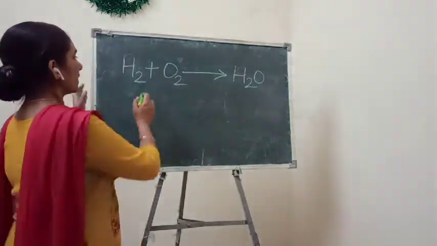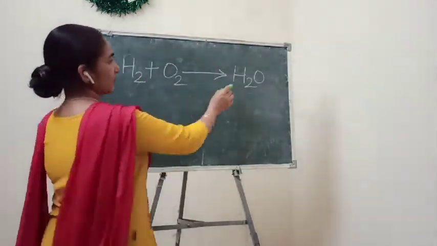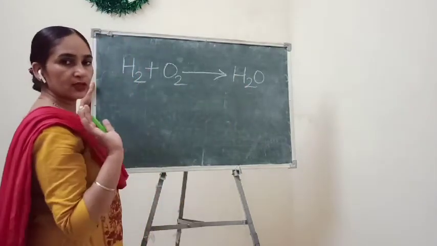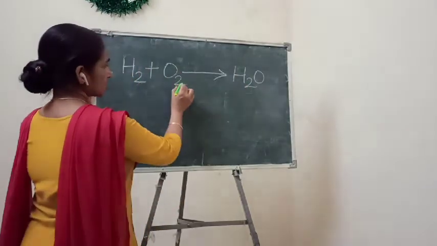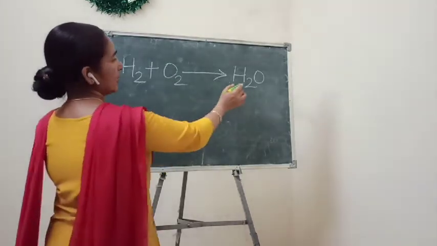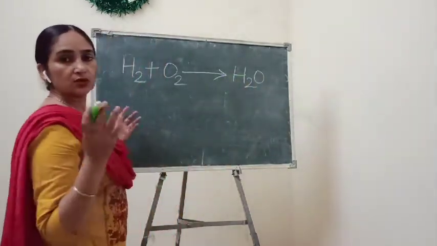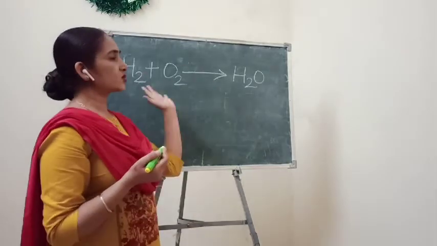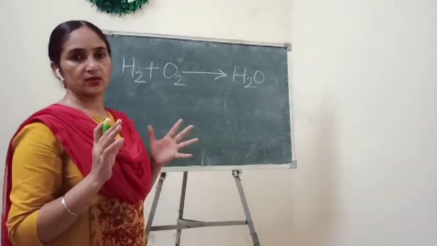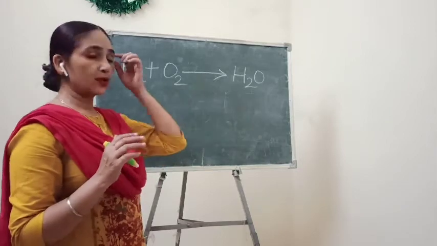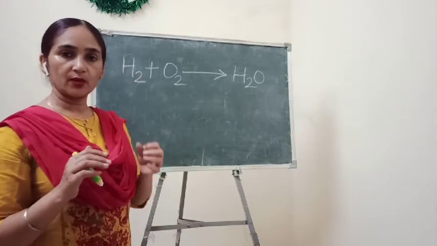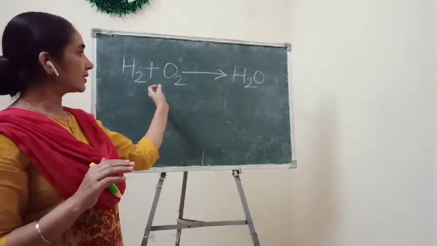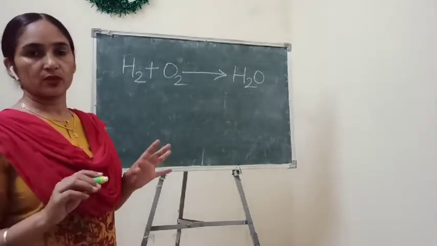Let's check. Here hydrogen are 2, hydrogen 2 here. It's okay. But oxygen 2 are here, and here there is only one oxygen. Then how can you say this is a balanced chemical equation? So it is not a balanced chemical equation.